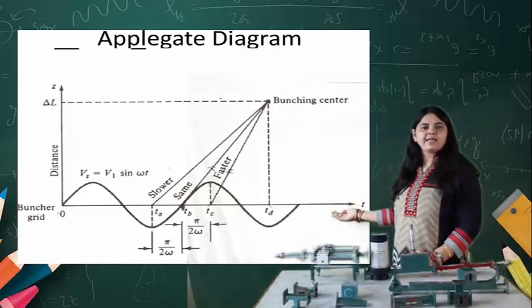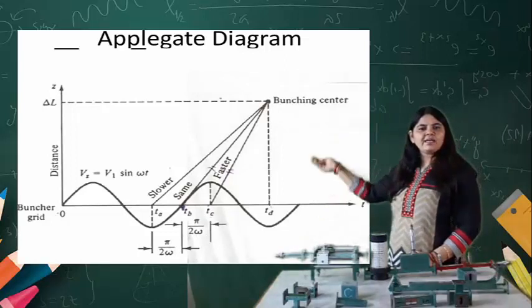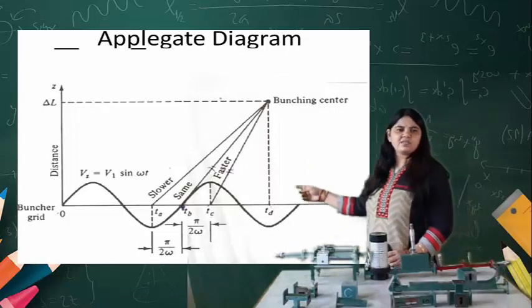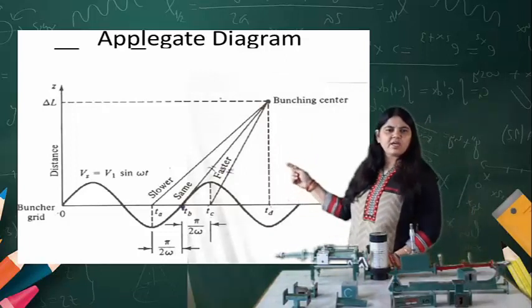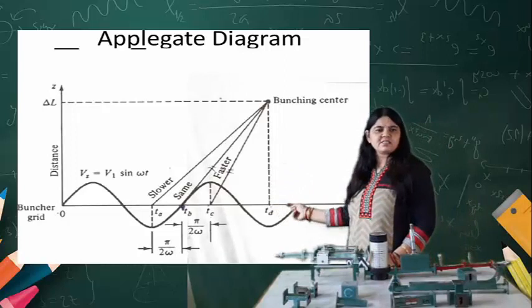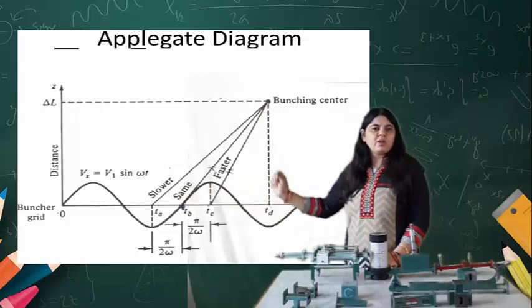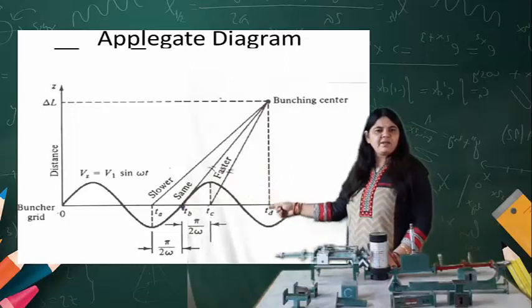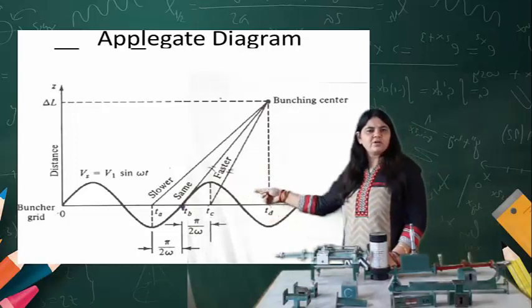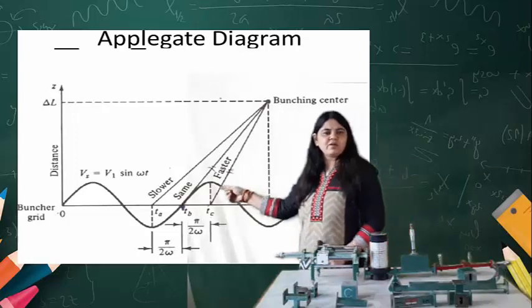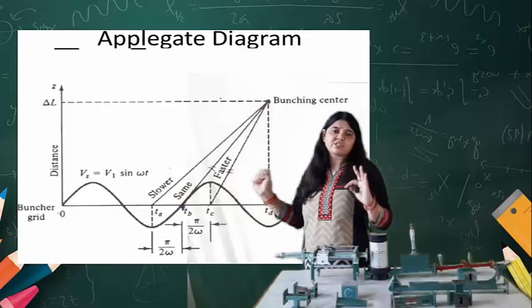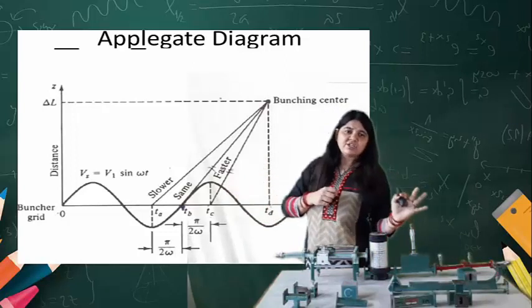Now in the Applegate diagram, on the x-axis there is time, and on the y-axis the distance traveled. Now you can see that the buncher green is nothing but the RF wave. At this particular point the speed is slow, meaning the electron comes later.